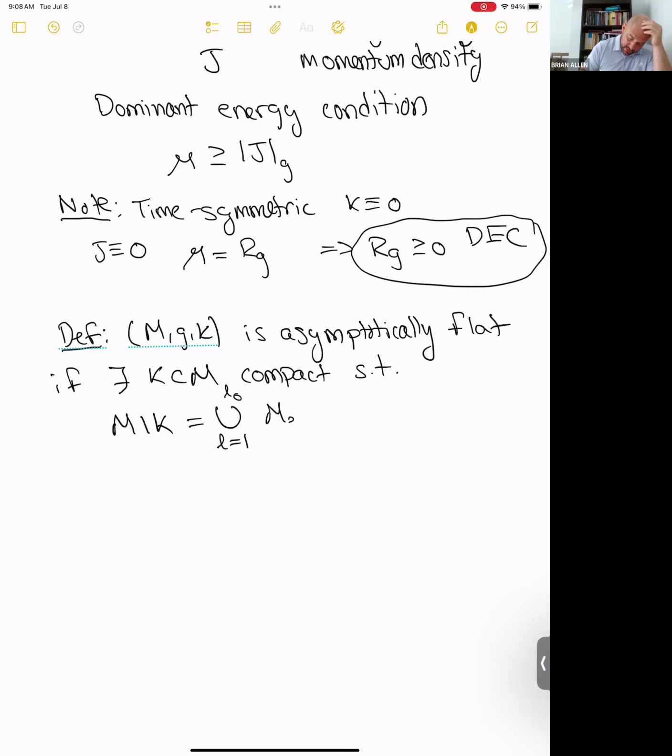First of all, we're allowing many different ends. So when you remove the compact set, you'll have many different ends, and each end is pairwise disjoint.